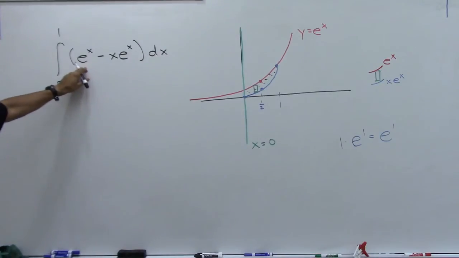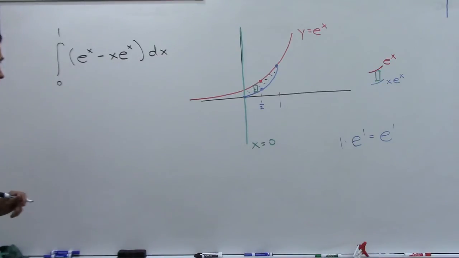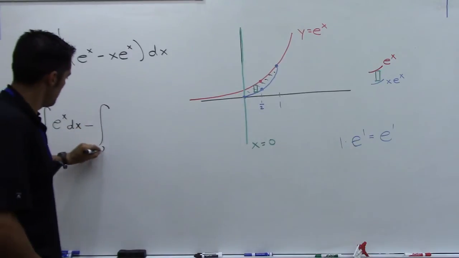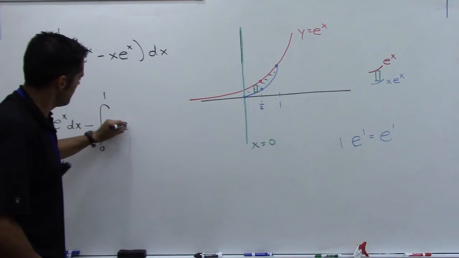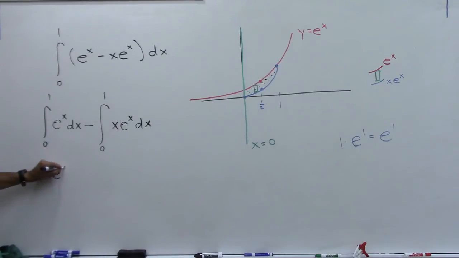The antiderivative of e to the x is itself, but the antiderivative of x e to the x is not as simple. So watch how I do this. I'm going to break this up into two integrals. This one right here is just e to the x evaluated from 0 to 1.